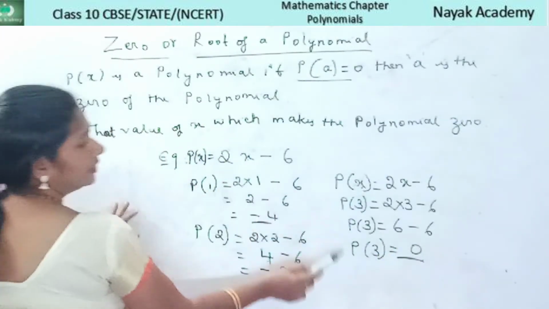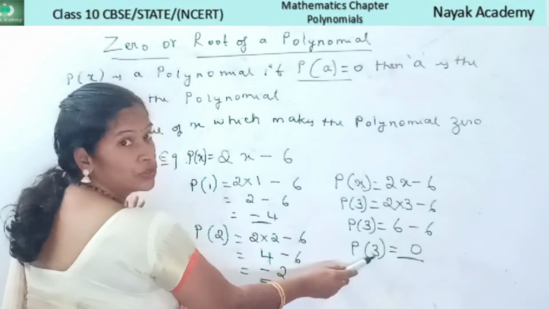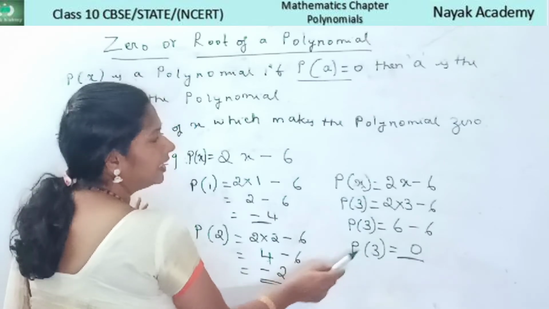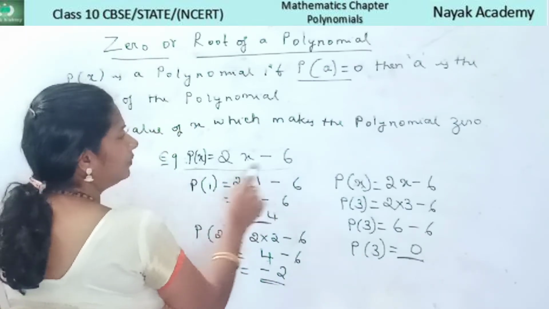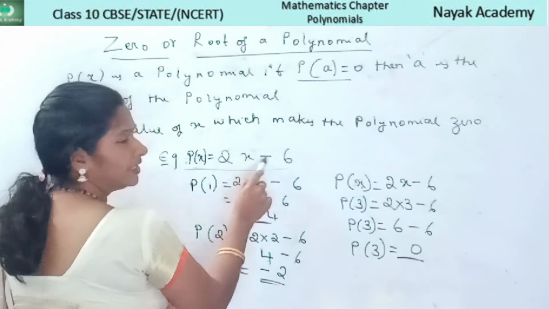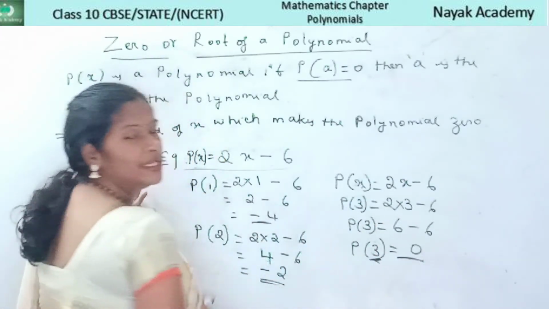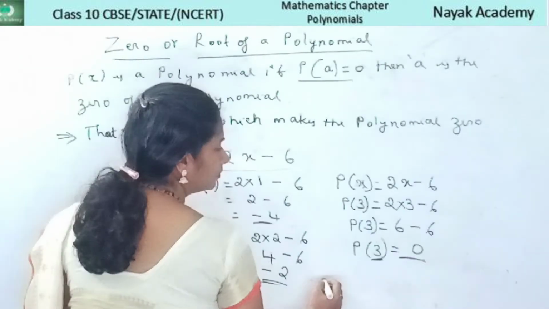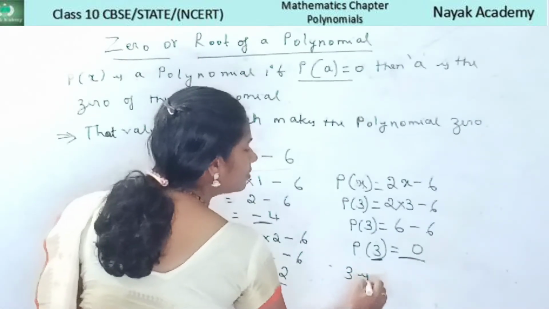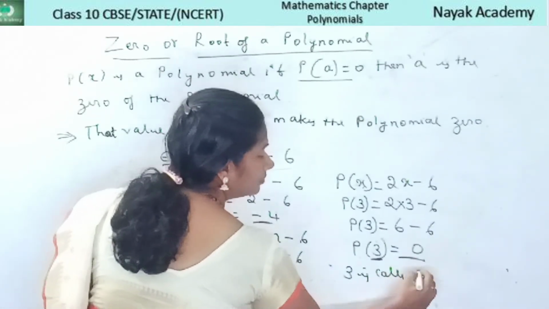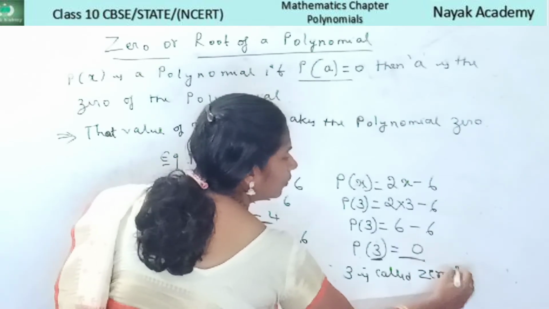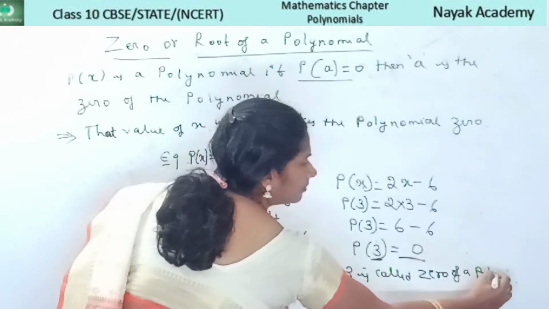So if you substitute x as 3, the polynomial P of x equals 2x minus 6 becomes 0. Therefore 3 is called a zero of the polynomial.